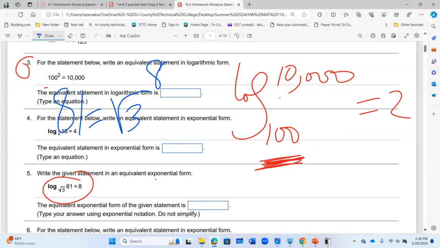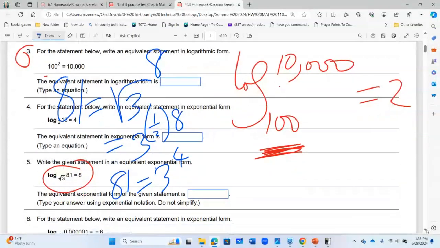I can change it to square root form. So I have 3 to power 1/2 multiplied by 8. So if I multiply that, I have 81 is equal to 3 to power 4. Okay, so that is that.